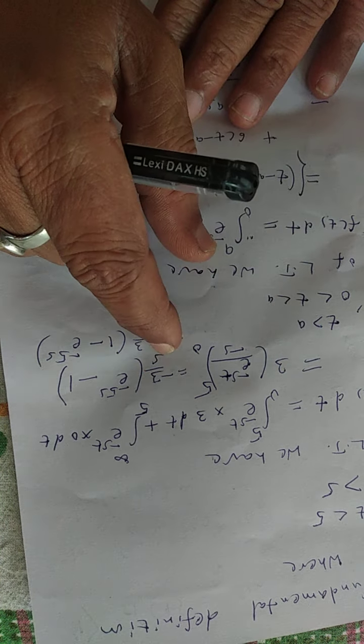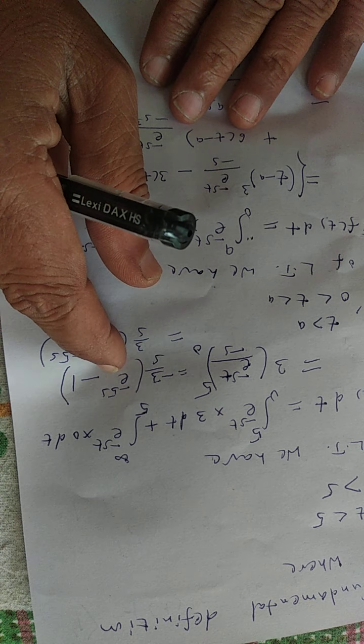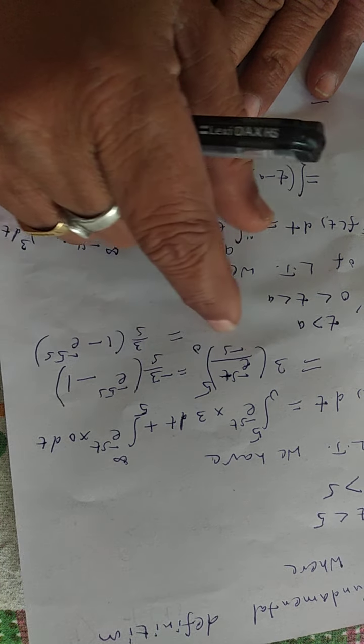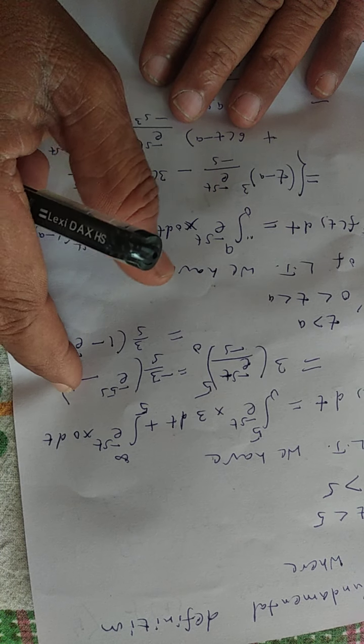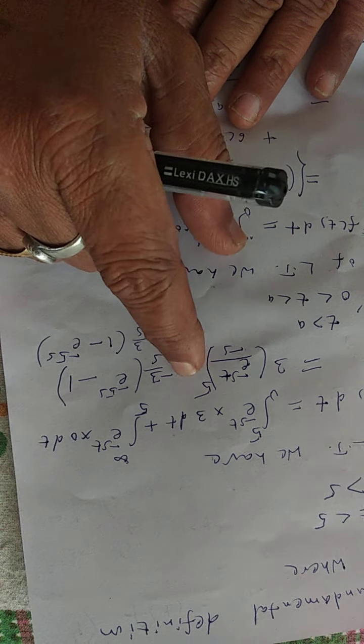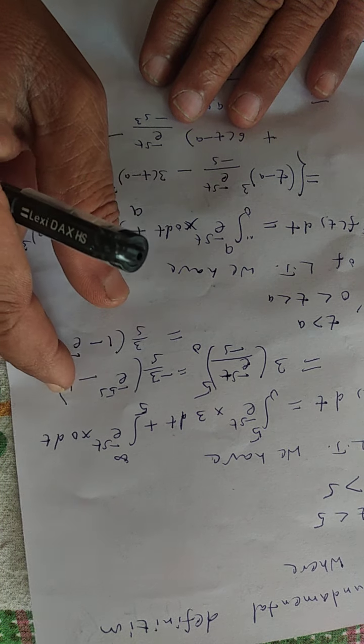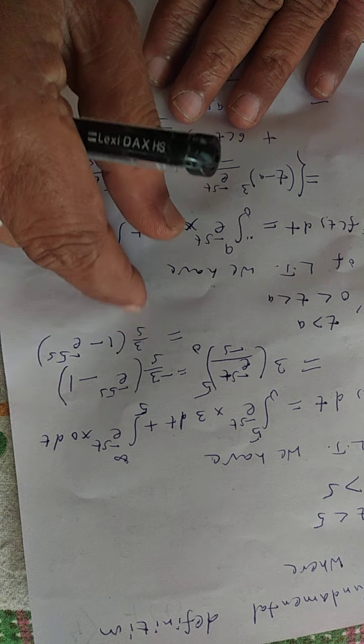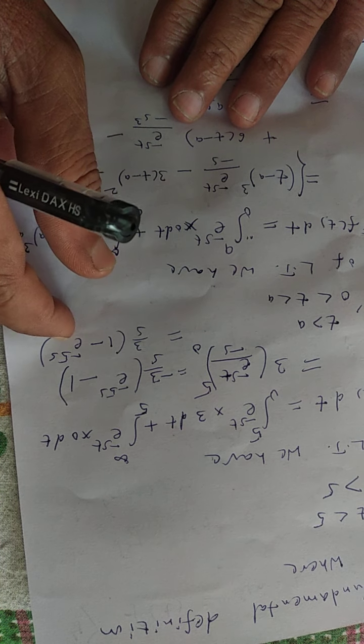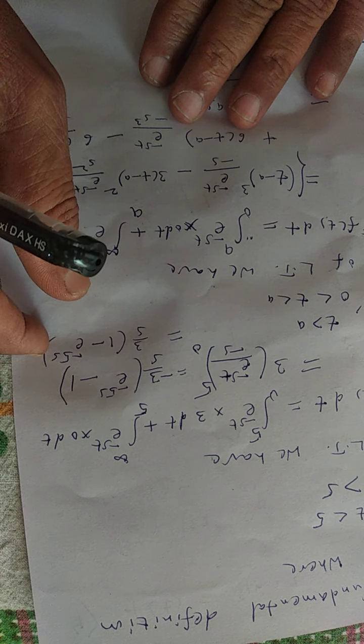So minus 3 by s we take out, e raised to minus 5s minus e raised to 0. E raised to 0 is 1. So this minus and this minus becomes plus. I will just interchange this: 3 by s into 1 minus e raised to minus 5s. That is the final answer.